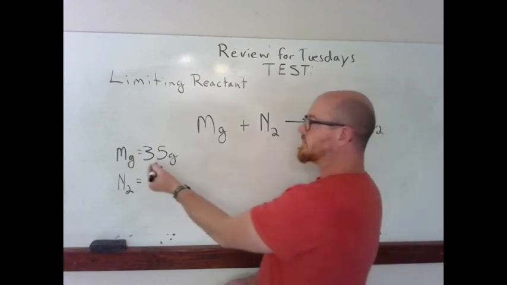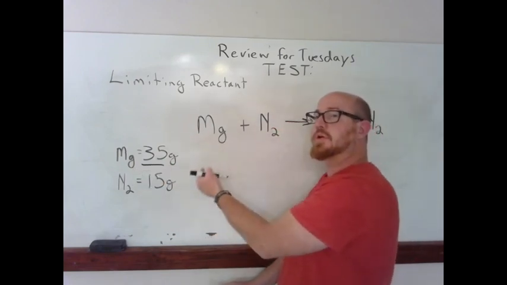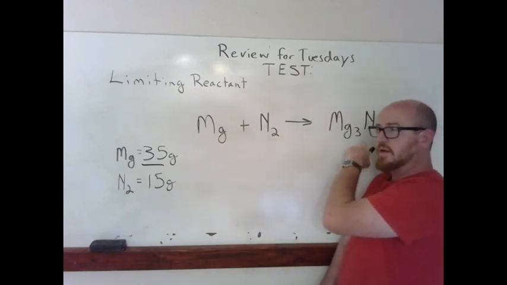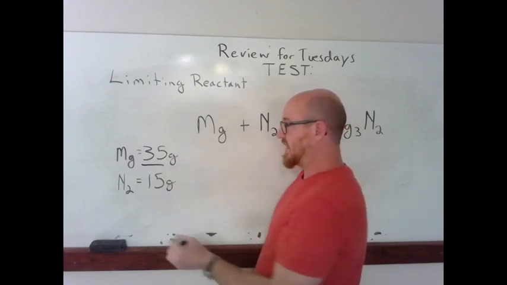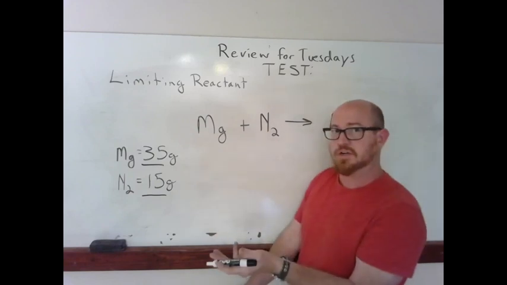So if I start off with 35 grams of magnesium, I'm going to try to figure out how much magnesium nitride I can make. Then I'm going to go back and do that all over again, but in this case I'm going to start with nitrogen gas, which I was given 15 grams of.